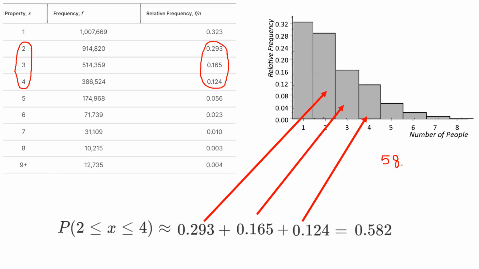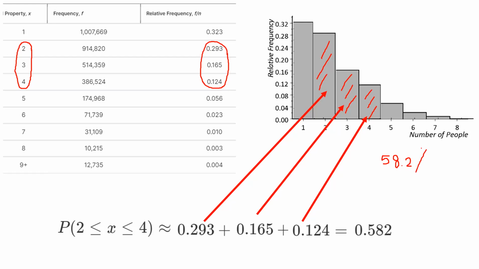Look at the graph. We can basically see the behavior of this graph. If I add these 3 probabilities or areas, they basically form more than 50% of the total area. So that makes sense.